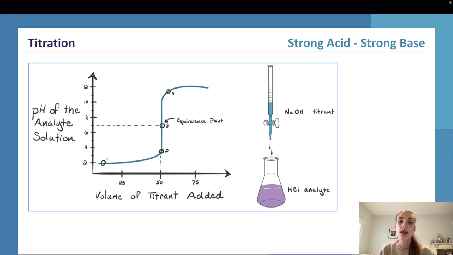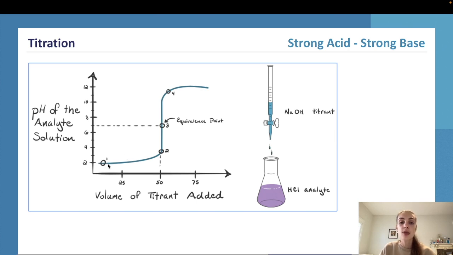So we can see with our strong acid, strong base titration, we've got the HCl as the analyte and the sodium hydroxide as the titrant. We can see that as we titrate sodium hydroxide into the HCl, we're originally starting off at a low pH.